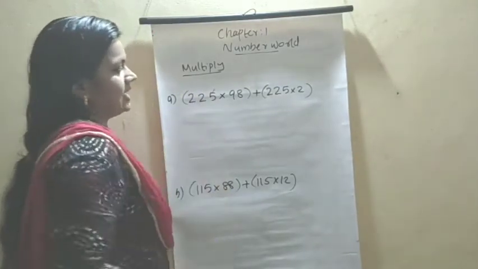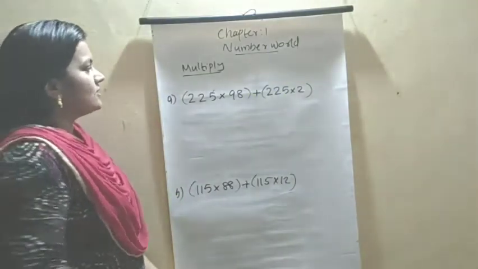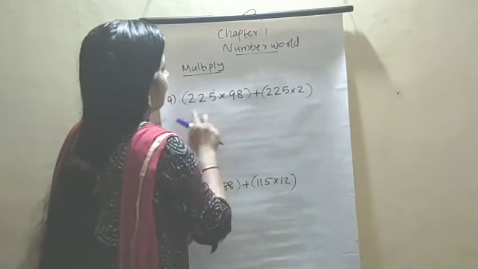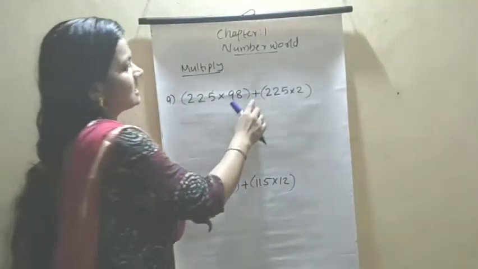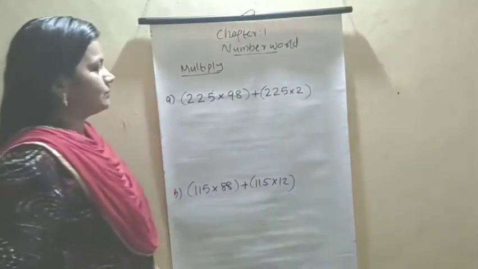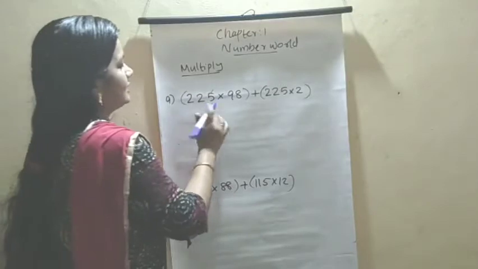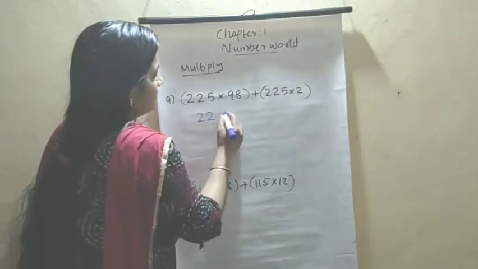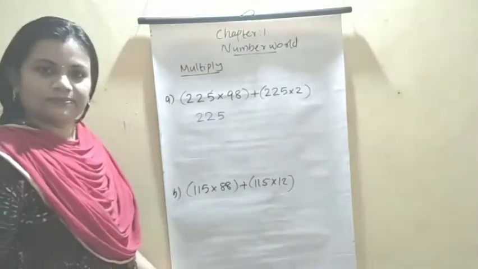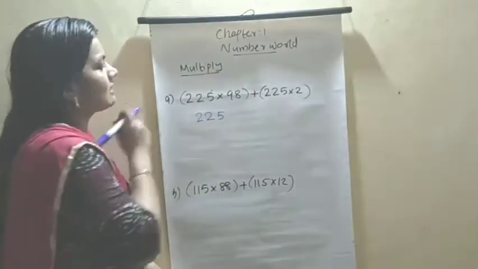What is the first question? 225 into 98 plus 225 into 2. First of all, the first two numbers are same, then the center one has an addition sign. So how to write this problem? First of all, write 225 outside of this bracket.